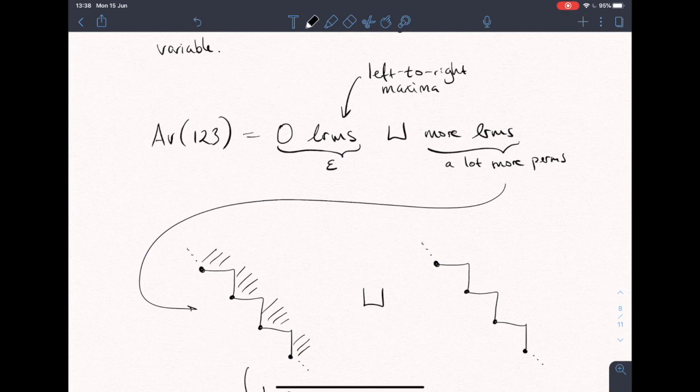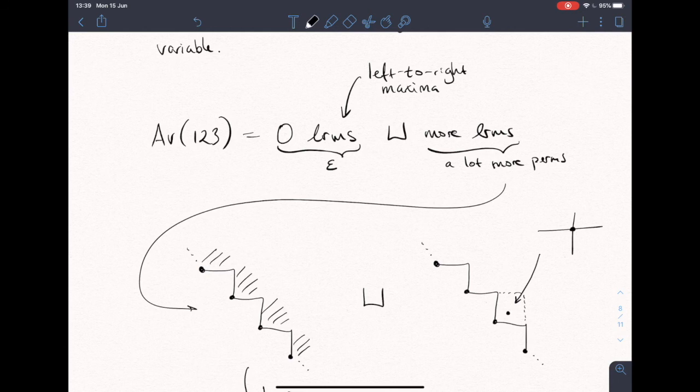So on this side, there's at least 1 point in one of these diagonal cells.